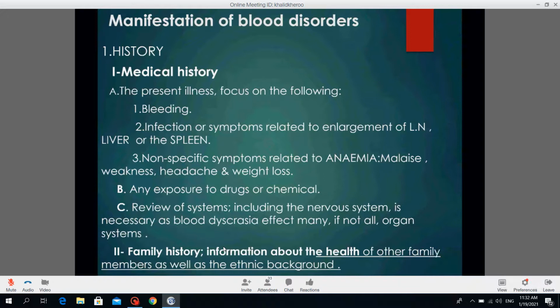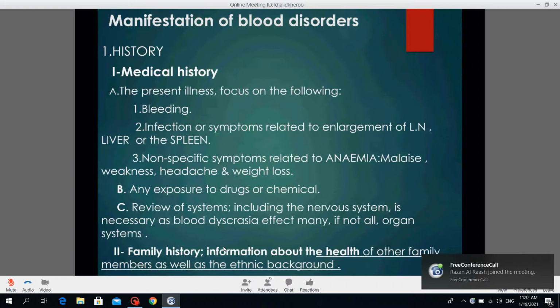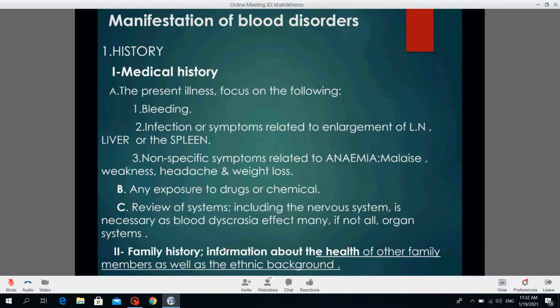Other important points in the history: infection, or symptoms related to enlargement of lymph node, liver, or the spleen. By infection, I mean that the patient may have a decrease in the white blood cell count, and we call this leukopenia.